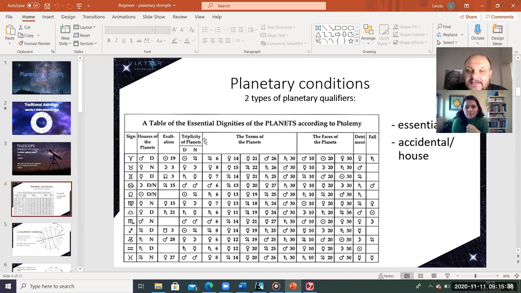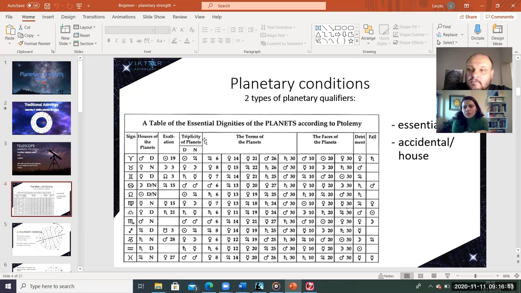Great. So what about triplicity? Well, triplicity is this in-between dignity, because traditional astrologers usually look at rulership, exaltation, detriment, and fall, and they forget about triplicity, terms, and phase. So triplicity is a division of the 12 signs into specific groups of 3, and these are by element.